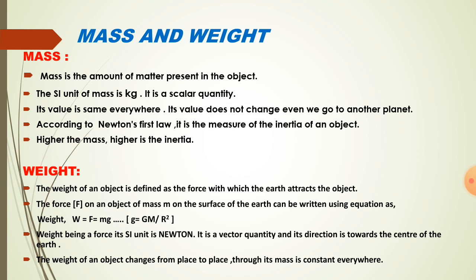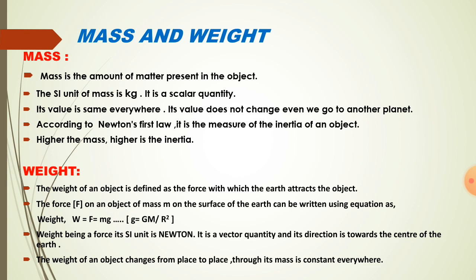What is weight? The weight of an object is defined as the force with which the earth attracts the object. The force on an object of mass m on the surface of the earth can be written using the equation weight is equal to F is equal to mg, where g is equal to GM divided by r square. Weight being a force, its SI unit is what?